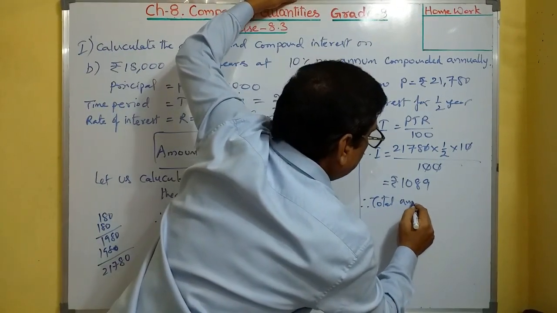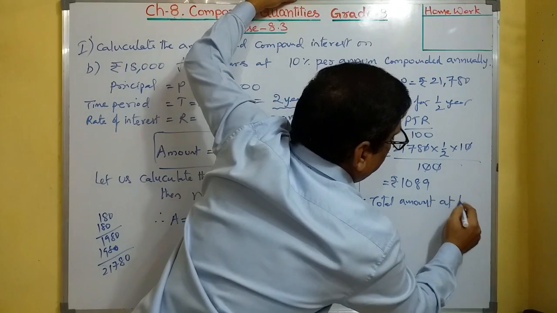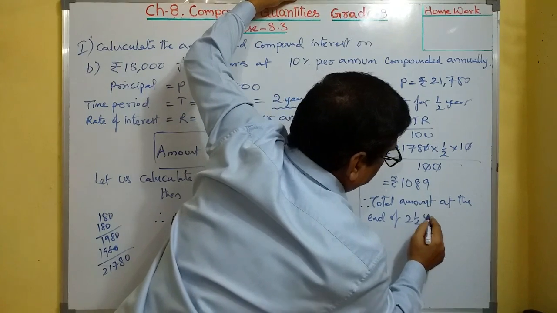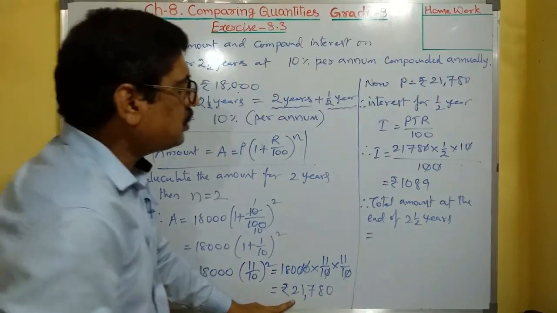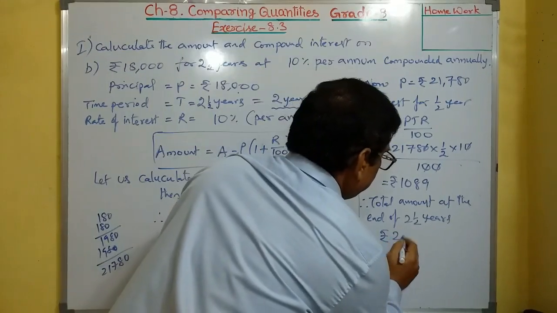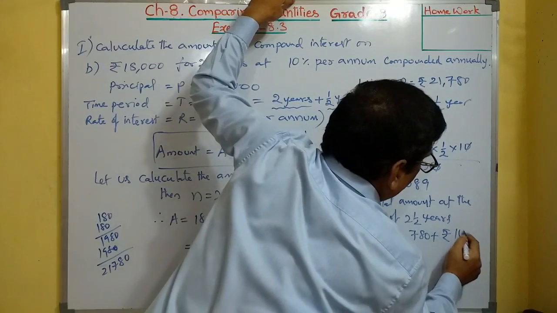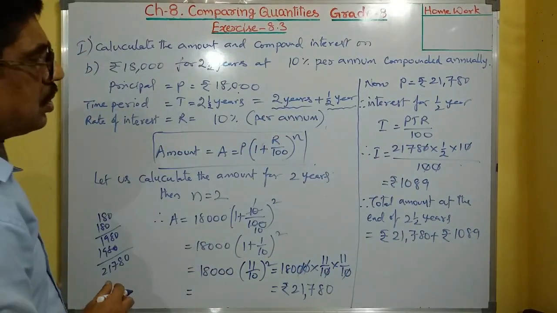Okay, therefore the total amount at the end of 2.5 years. So these two we have to add: 21,780 plus 1,089. Okay.